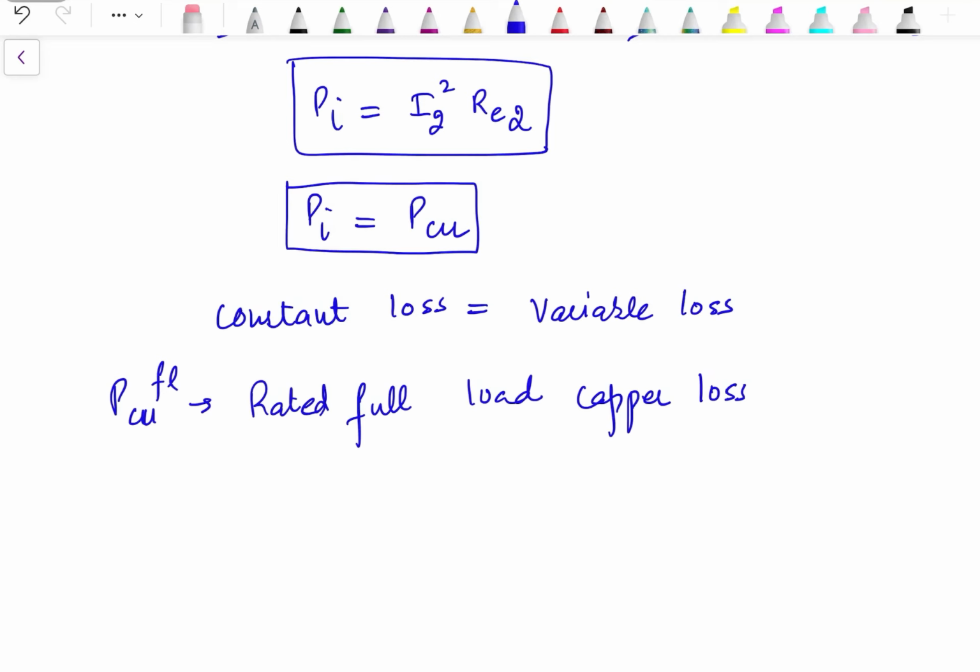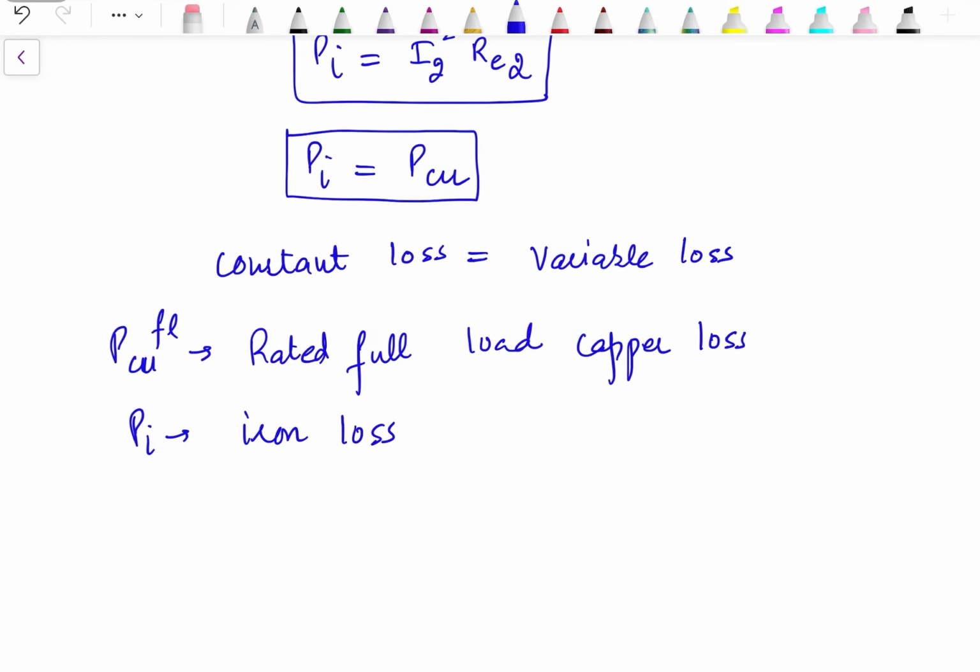We can calculate them from the short circuit test. Pi is a constant loss or iron loss. Rated full load copper losses means the losses which occur in the winding at the rated current of the transformer.